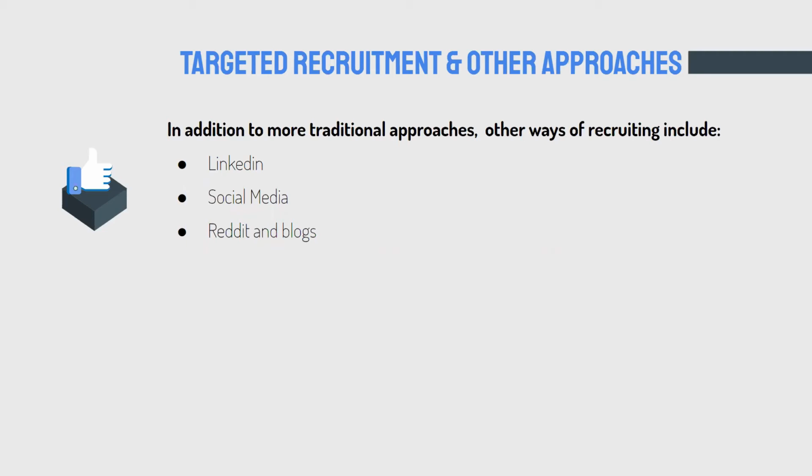So Facebook groups are a quick and easy way to find targeted participants. Similarly, we have Reddit and other blogs that we've also resorted to, to complement our recruitment efforts.